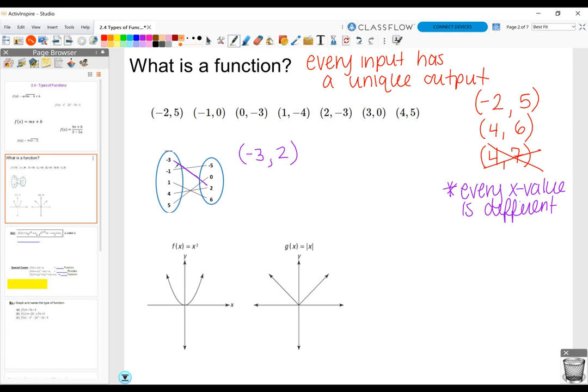We map the input to the output, -1, -5, and so on. And we can see it as a graph, where if I draw a vertical line, I should only get one X value. So these have to pass the vertical line test, and it should only intersect once. If it intersects more than once, then it's not a function. So that's a quick review of what a function is.